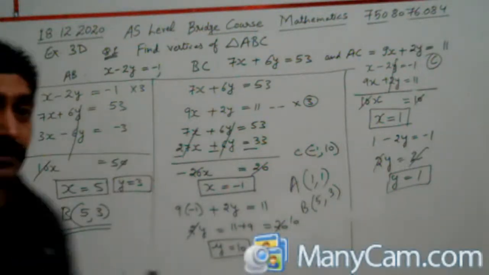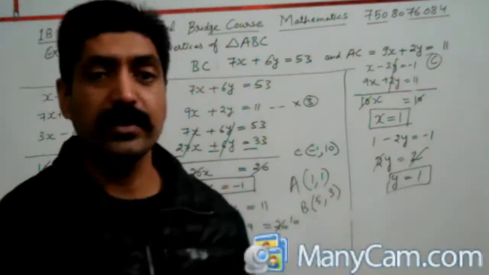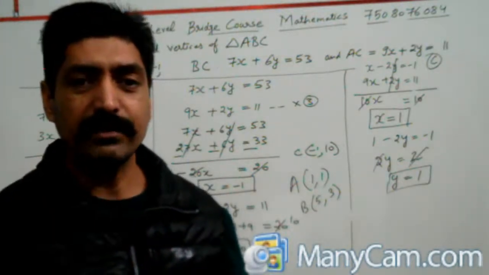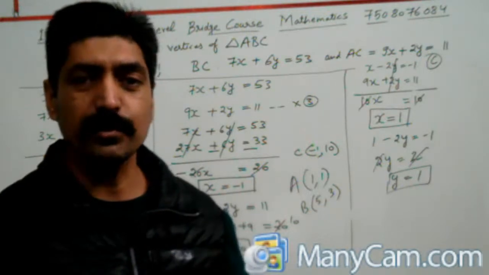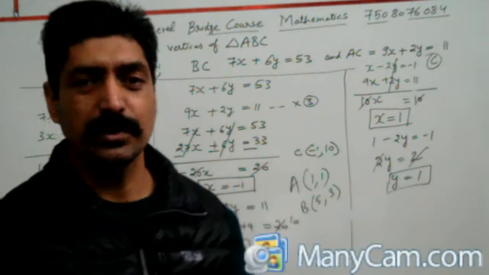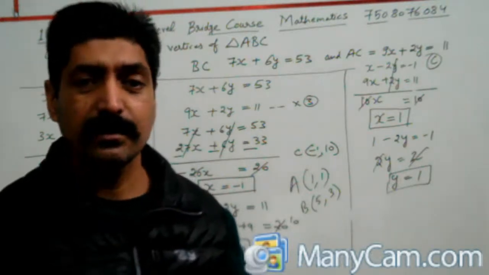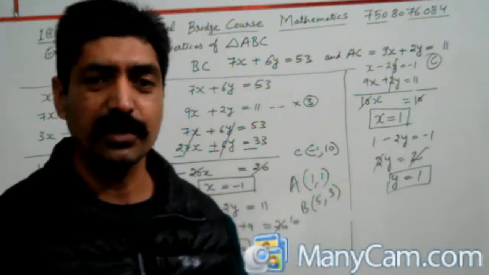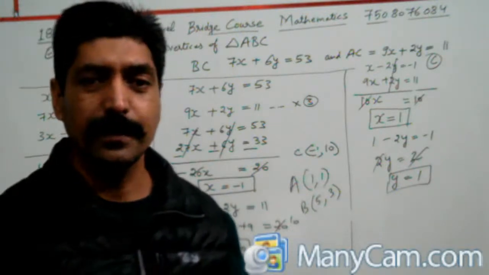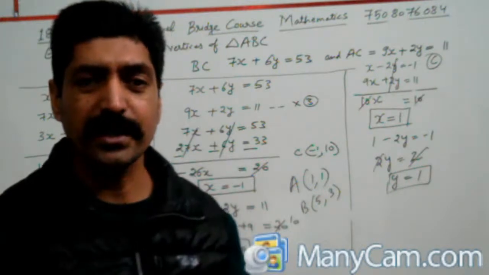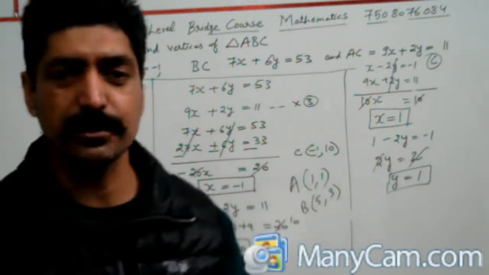Next, the lines are parallel to each other when a1 upon a2 is equal to b1 upon b2 is not equal to c1 upon c2, right? And when the two lines superimpose upon each other, they coincide with one another, then we say the pair of equations have infinitely many solutions.